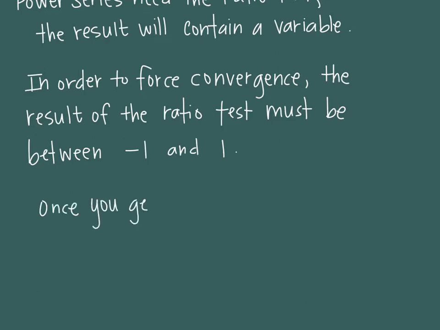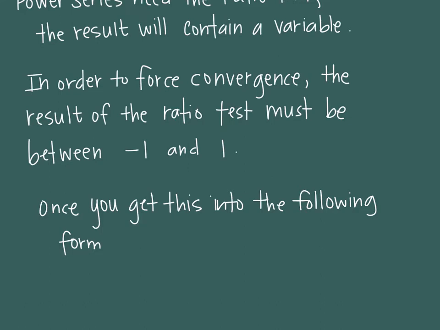All right, once you get this into the following form, it needs to look like this. You need to get down to this point: the absolute value of x minus a is less than some number r, that is, x minus a is between negative r and r.